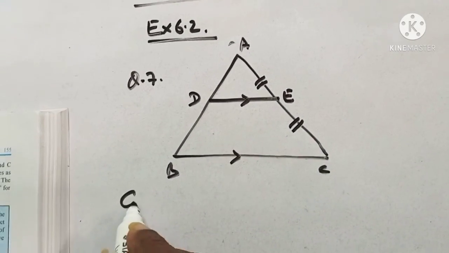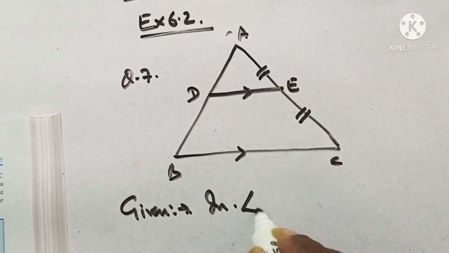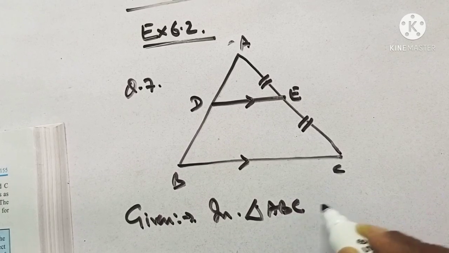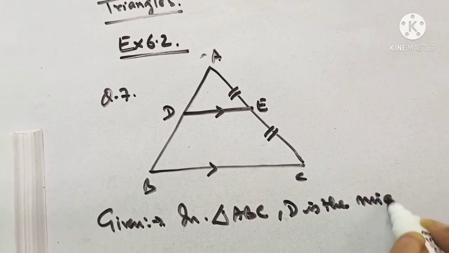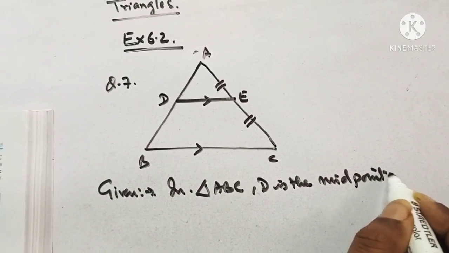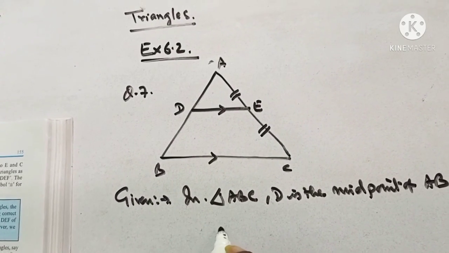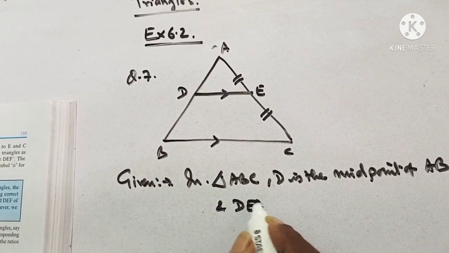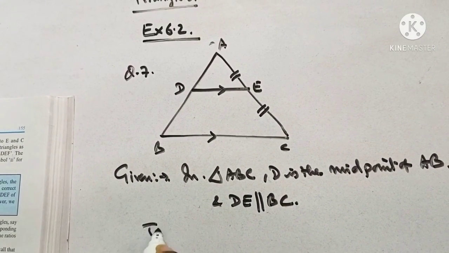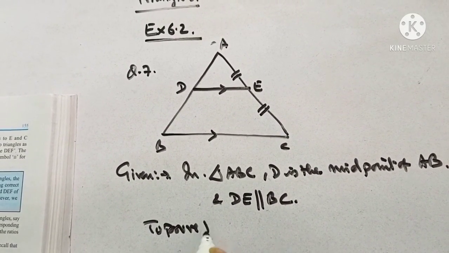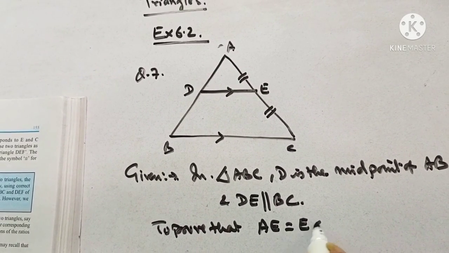So here it is given, in triangle ABC, D is the midpoint of AB, and DE is parallel to BC. To prove that AE is equal to EC.